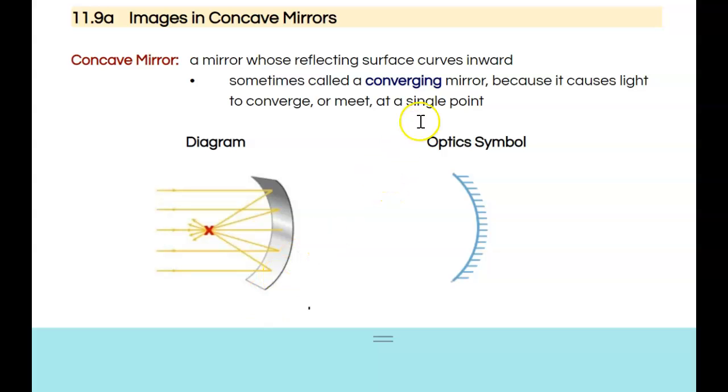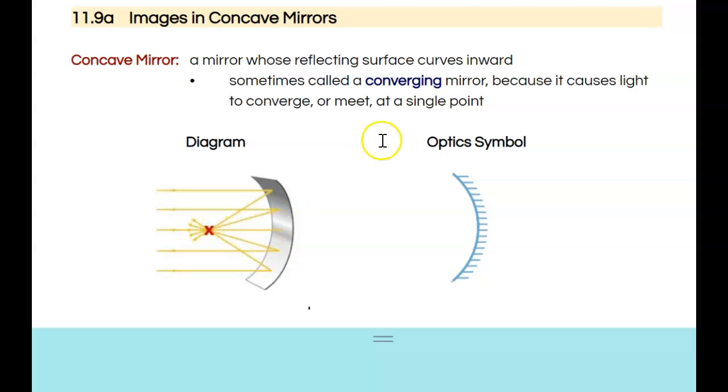Sometimes this is called a converging mirror, and the reason for that is that you can see that all of the incident light rays, those light rays that are aiming towards the mirror, all reflect back to a single point called the focus or the focal point. And so converge just means come together. So a concave mirror is the type of mirror that causes those light rays to converge at a single point.